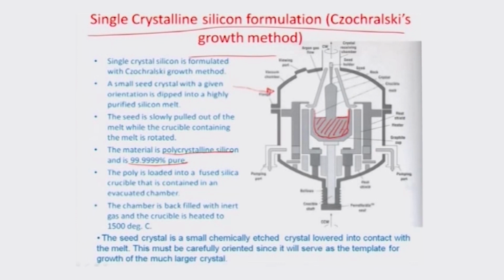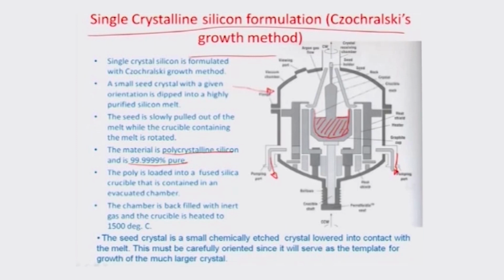And this crucible, so called, is basically capable of rotation. So you can rotate the whole crucible, and also it is inertly filled, so the chamber here is evacuated using pumping mechanisms as illustrated here and here, and then you can fill the whole environment or atmosphere of this fused silicon container with argon or an inert gas, so that it ensures the non-inclusion of material like oxygen or nitrogen into the silicon lattice.